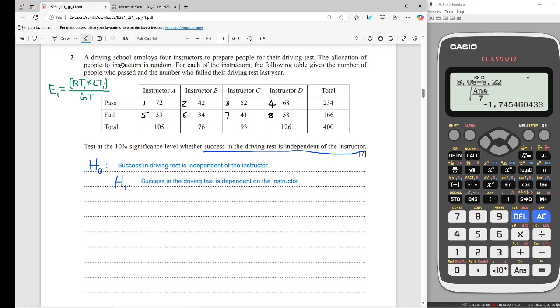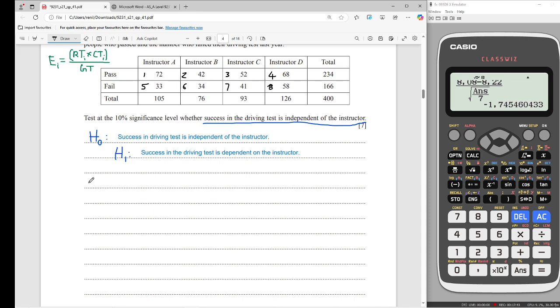Now to calculate the expected value of E_i, meaning i equals 1: the expected value of the first cell, that's what we're trying to calculate now. So let's calculate E1. That is the row total of the first cell multiplied by the column total divided by the grand total. What's the row total of the first cell? 234.